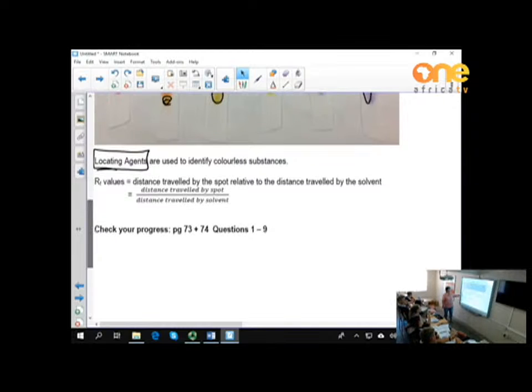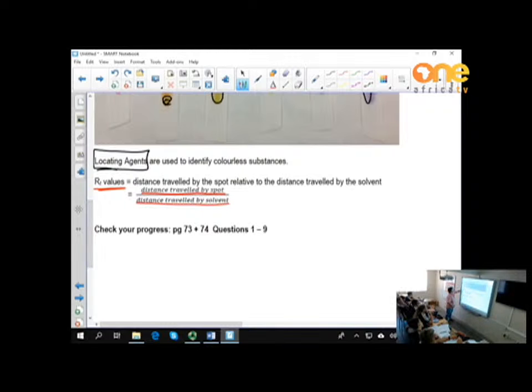Then, a mathematical value can be calculated from a chromatogram. We refer to it as an RF value. It's very simply the distance traveled by the spot over the distance traveled by the solvent.